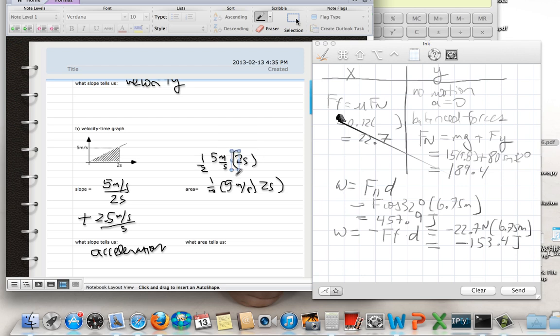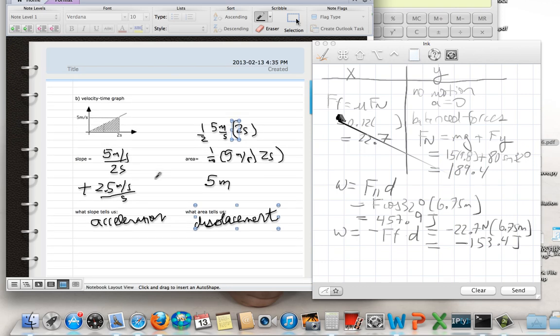Can we see it now? Yes, we can. Okay, so the 2's cancel out and you just end up with 5. But what's interesting is the units. The seconds cancel out and you end up with 5 meters. So what the area is telling us then is the displacement. So graphical analysis is a really powerful tool in physics.